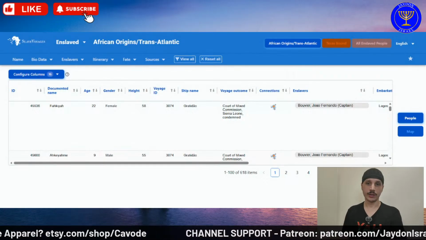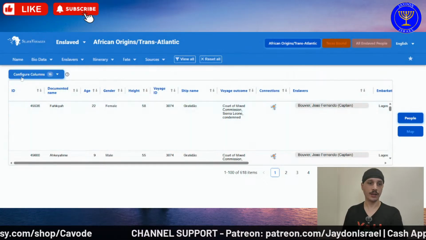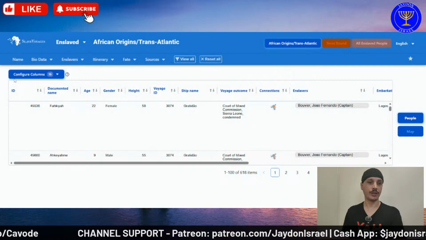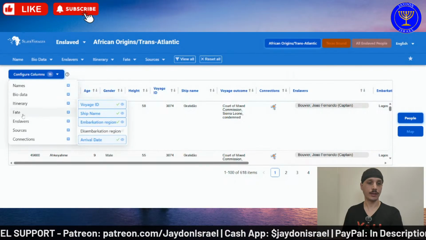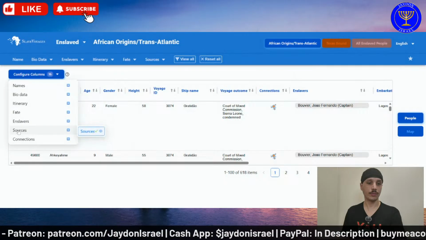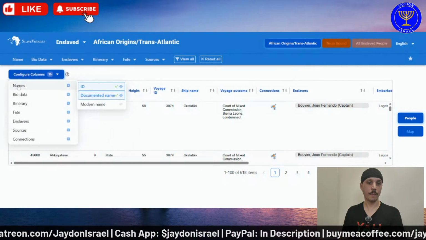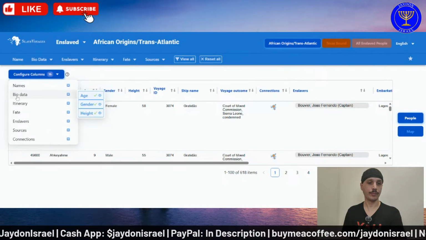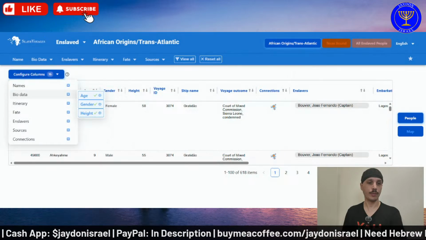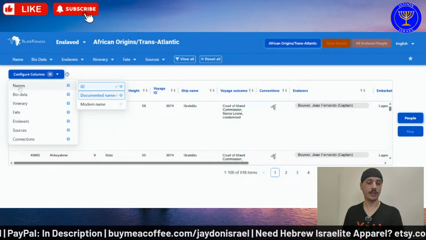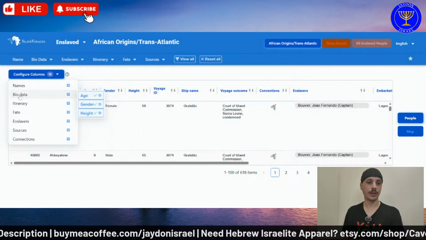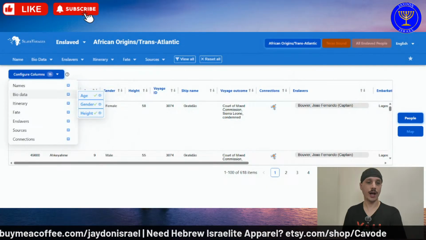Now let's look into it. On the left side, I'll read the columns. You can adjust it. It's got names, ID, documented name, modern name, biodata, age, gender, height.